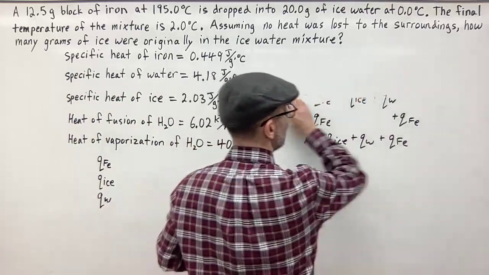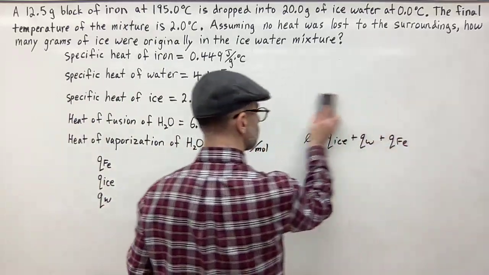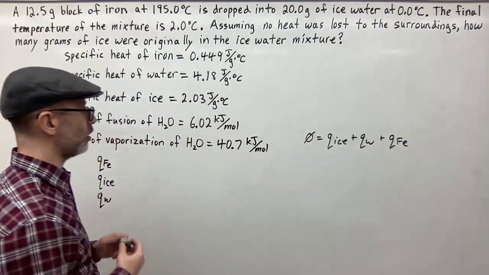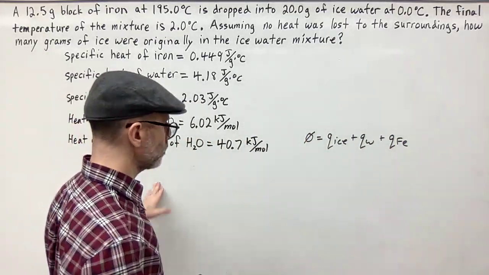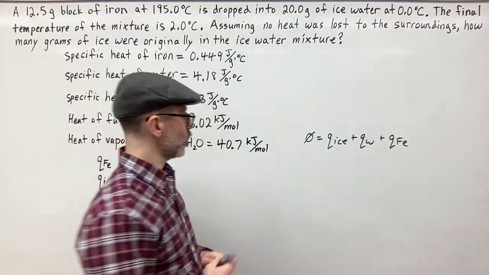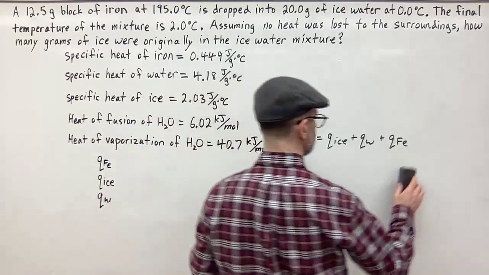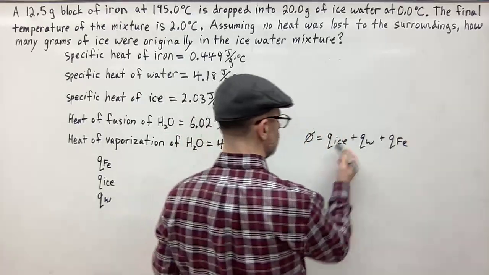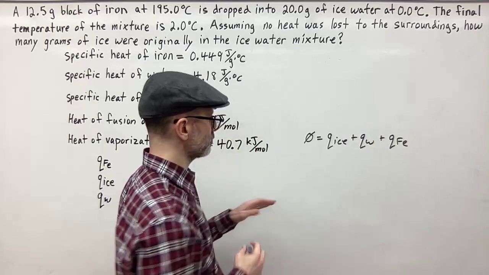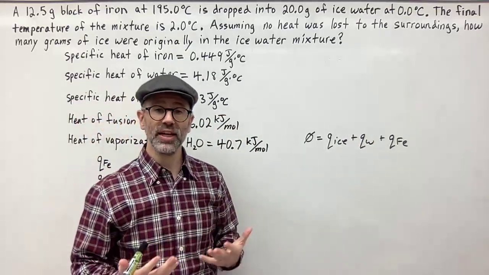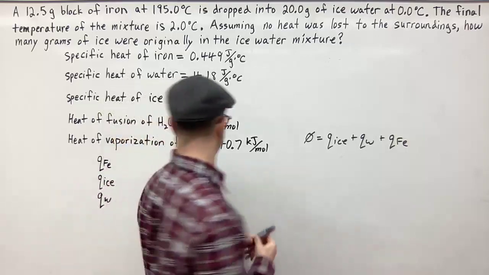So let me just leave that there. Now, what do I need to figure out the formulas. So let's rearrange this. Ice. So here, what's the formula for ice? Ice needs to melt, so we need the heat of fusion, which they gave us.